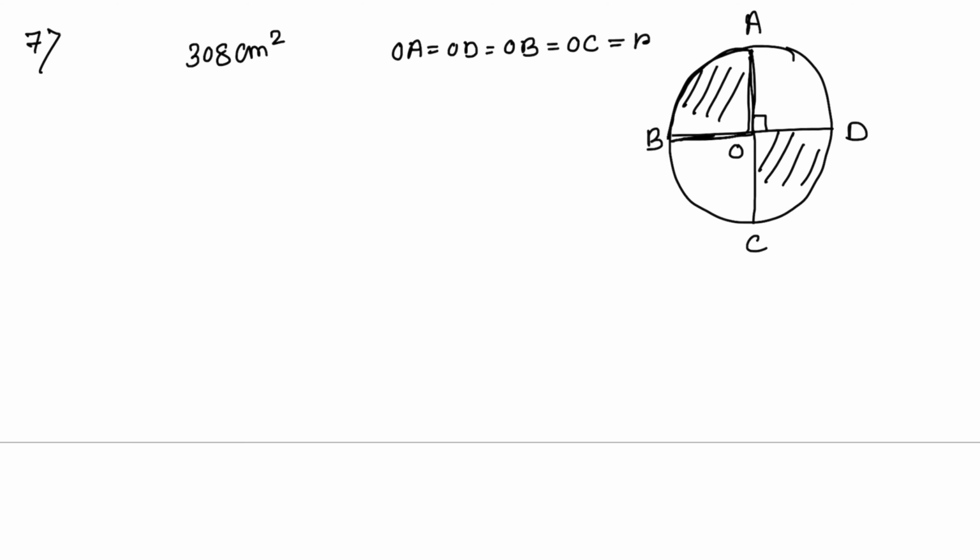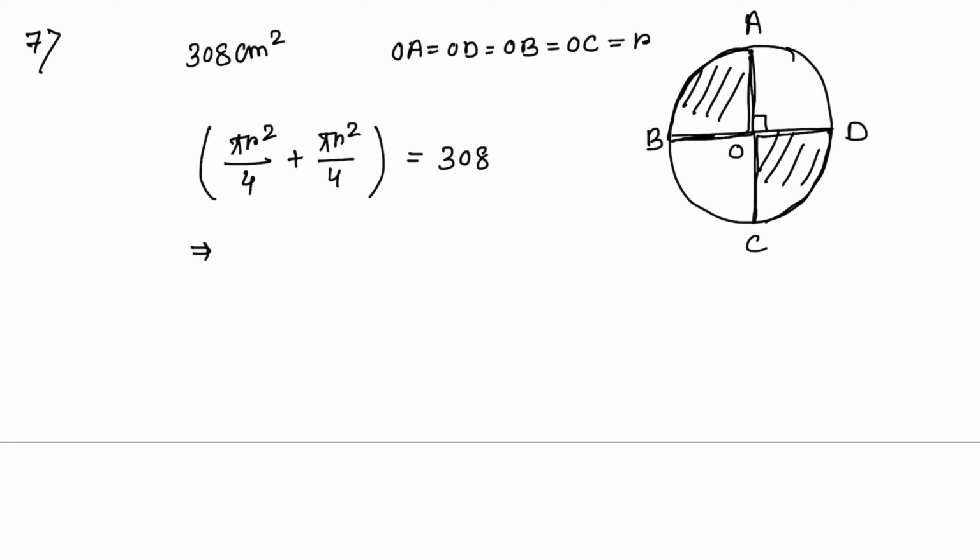I repeat, AOB is 1/4 of the circle. That means the formula is pi r square, so pi r square by 4, and again COD is also 1/4 of the circle, so again pi r square by 4, and that equals 308.